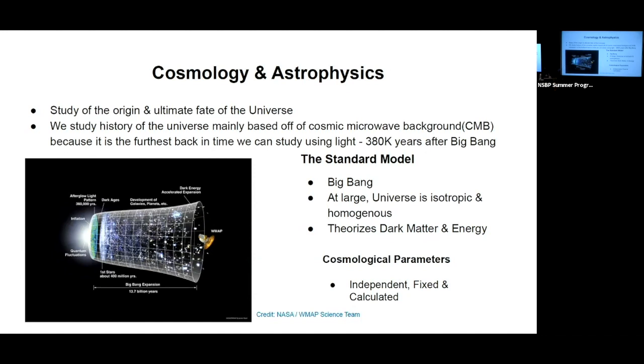And we have the standard model, the lambda CDM, lambda cold dark matter model of the universe. Basically, there was a Big Bang, and shortly after, about 380,000 years after, there was the cosmic microwave background, the afterglow of the universe, and there was some silence.